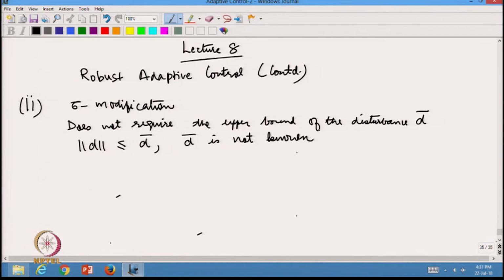So, we of course cannot use the dead zone in this case, because we will not be able to indicate what that dead zone is without knowing the value for d bar. So, what can be done in this case? We can use the following sigma modification adaptive laws.